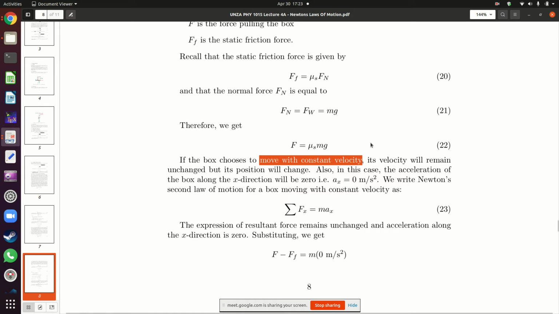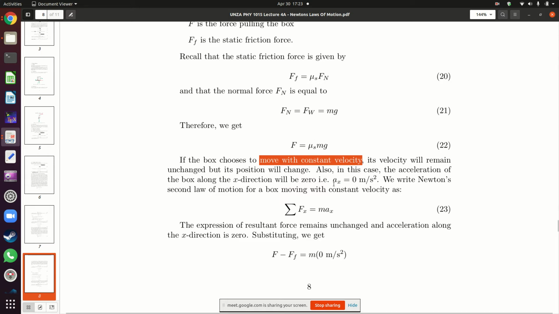The velocity of the box also doesn't change. However, if the box decides to move with constant velocity, the position of the box will change. Where the box is going to be after a certain amount of time is going to change. The thing which is not going to change is the velocity. We are saying that the box is going to move with constant velocity.